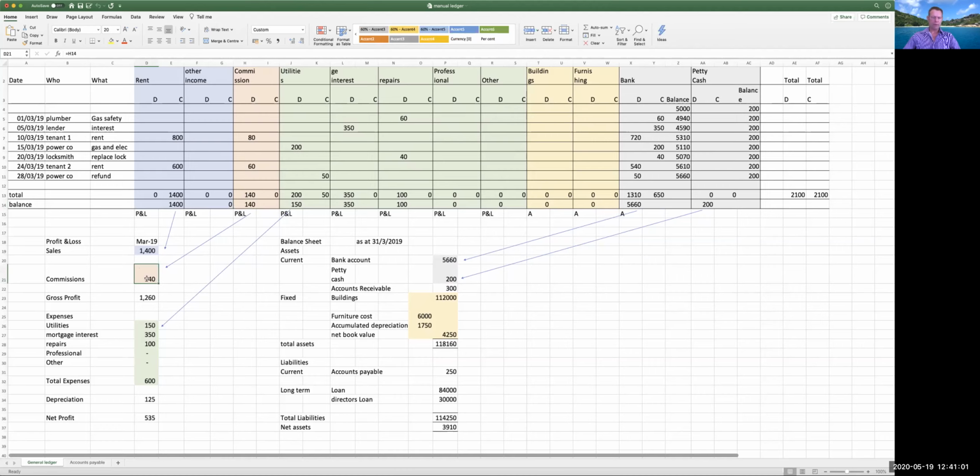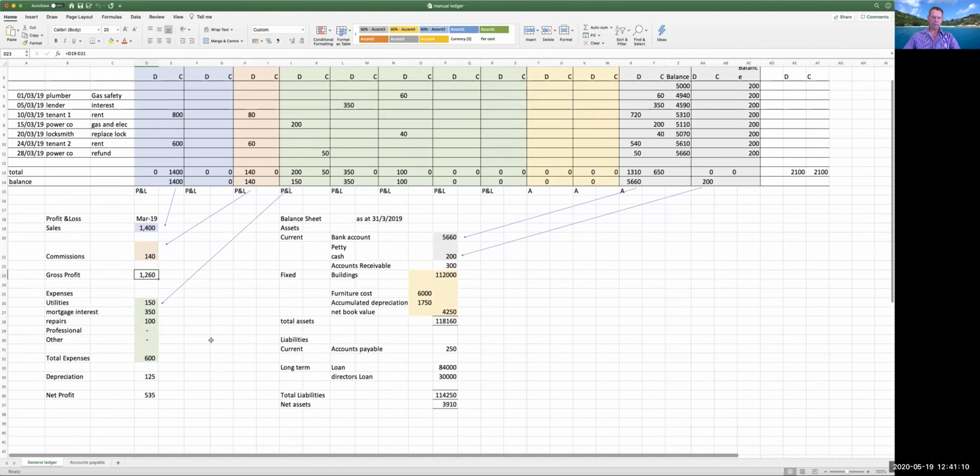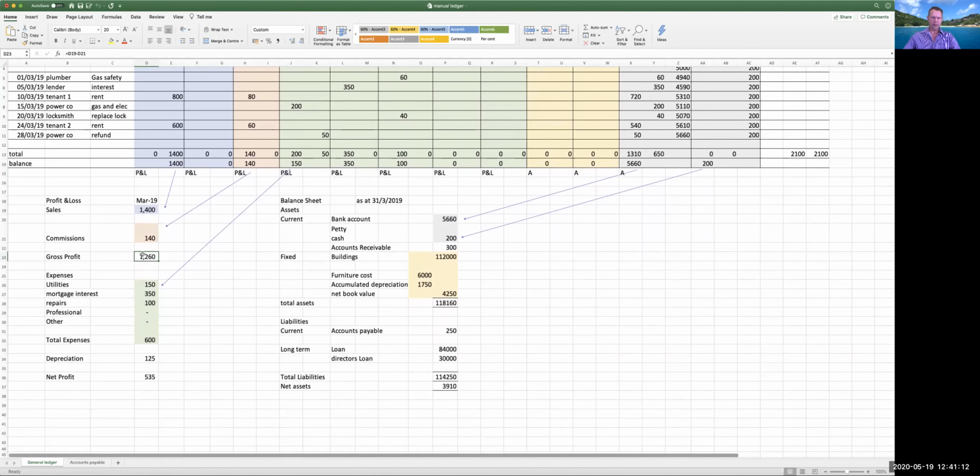We then on our report say, well, what's the sales minus the commissions, which is the cost of sale, and that gives us the gross profit. That's a formula, that's not an account. That hasn't come out of here, it's come out of the formula between those two there. And so on we go.